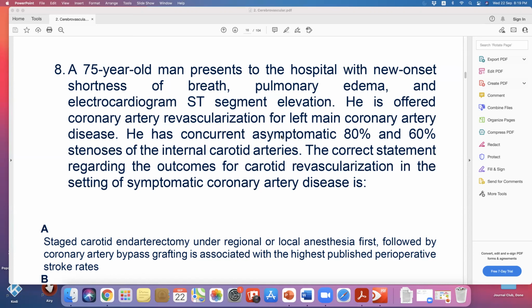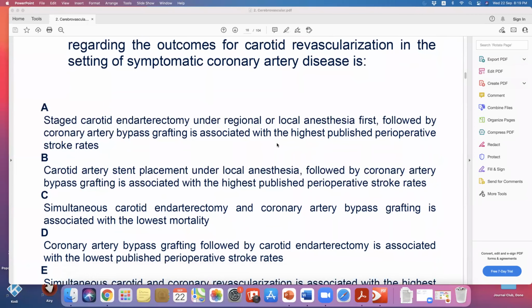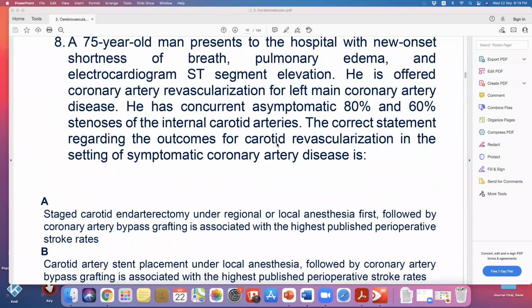I don't know, but I think whoever is asking this question wants to say that when you have left main and asymptomatic carotid stenosis with ST elevation, go to revascularization of the coronary artery, which is more important. Or you can do it in the same session if not staged.